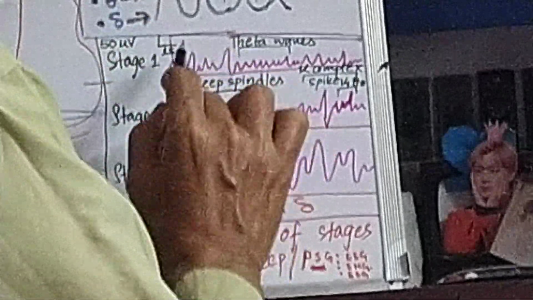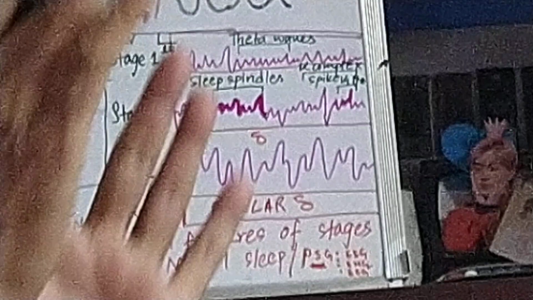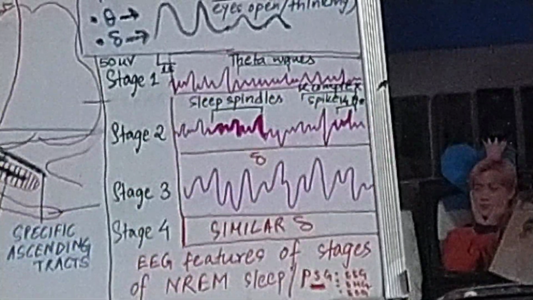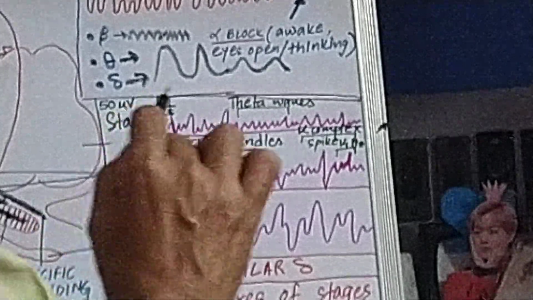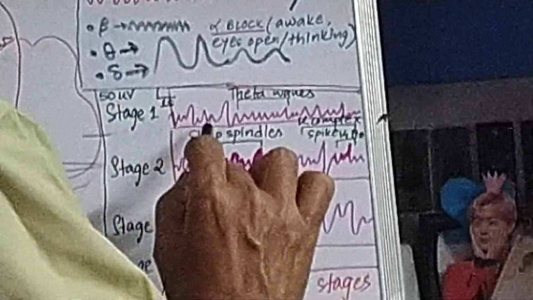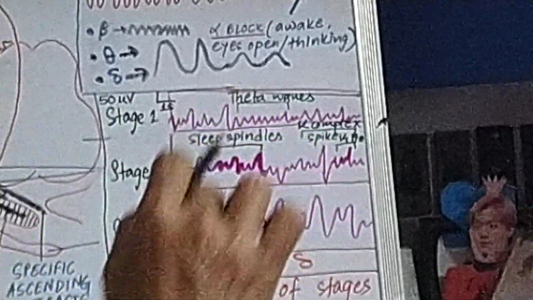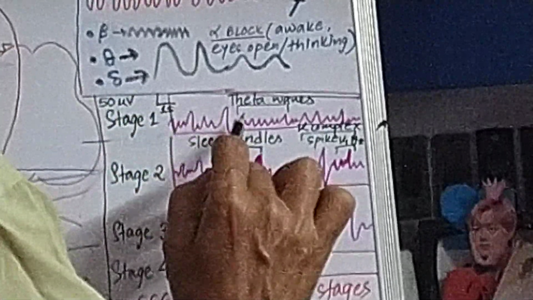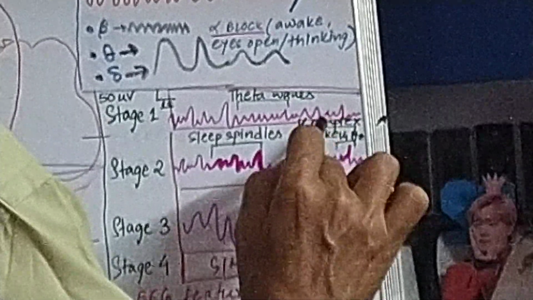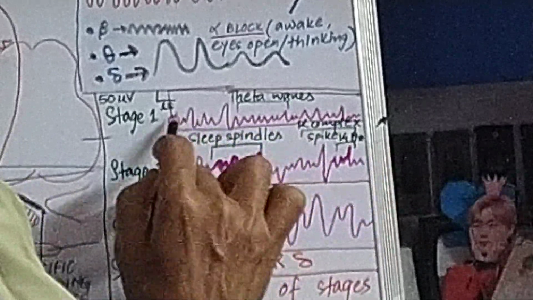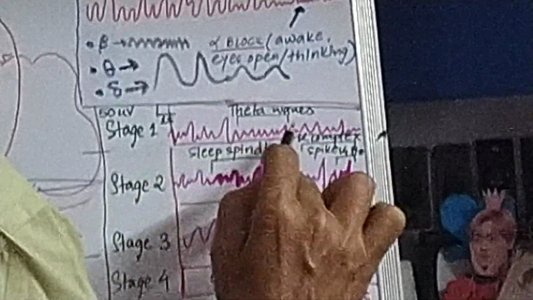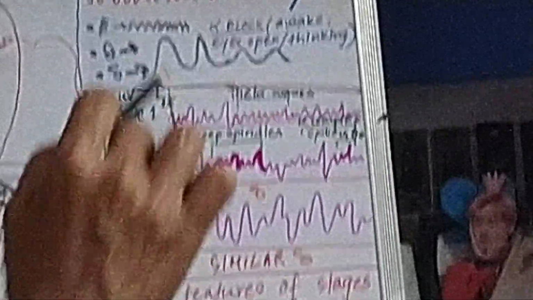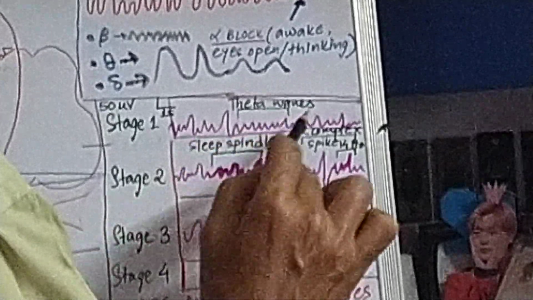Stage 1 shows mainly theta waves, which are low or medium voltage, high frequency waves. These theta waves are the characteristic feature of stage 1 NREM sleep.